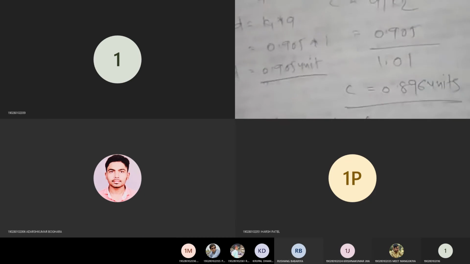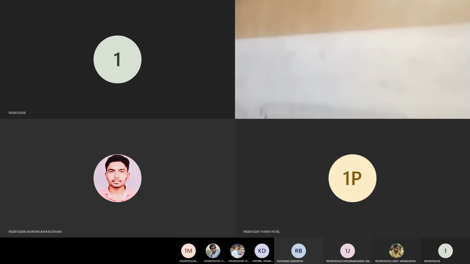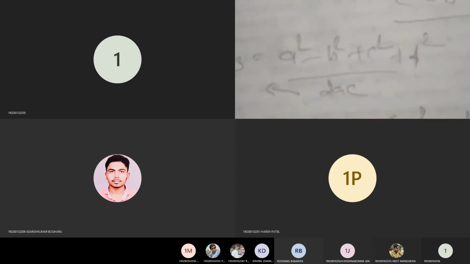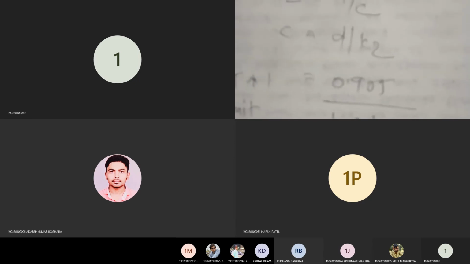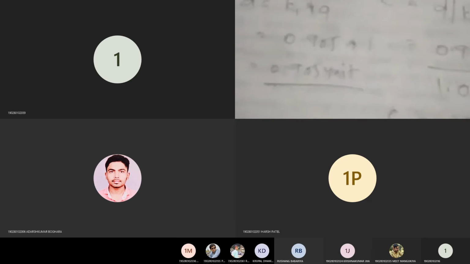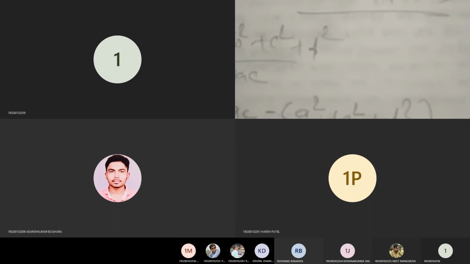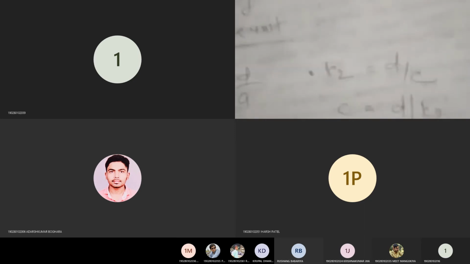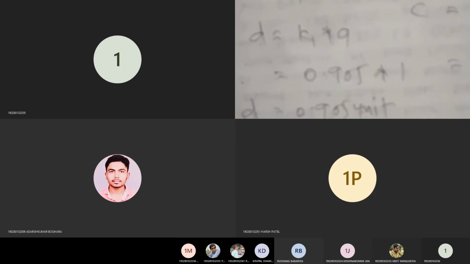Now we put the values in the equation, that k3 is equal to 1.158 into 2 into AC. A is equal to 1, C is equal to 0.896. In the same way a square, so 1 square plus c square, so 0.896 square plus d square, that is 0.905 unit.